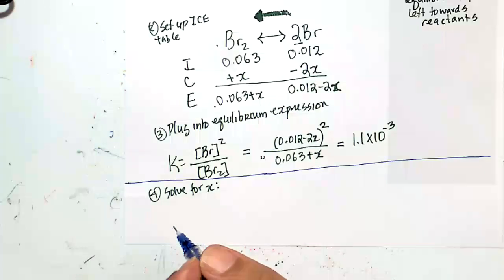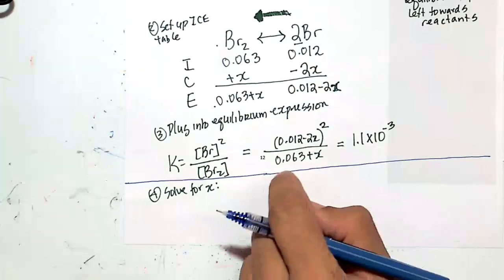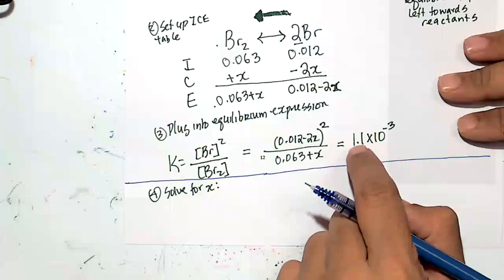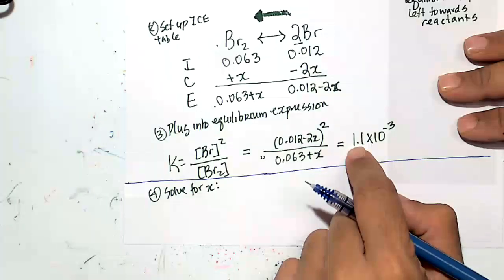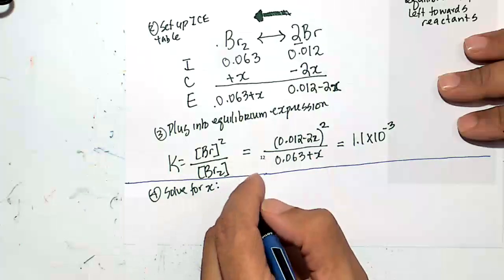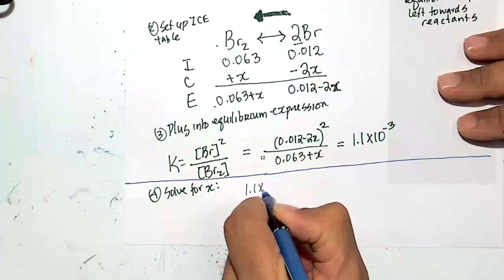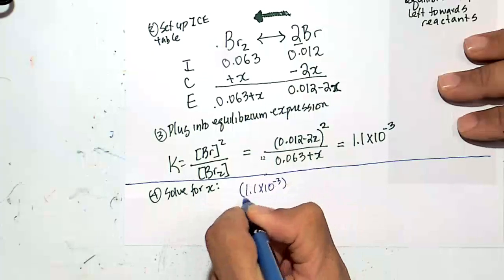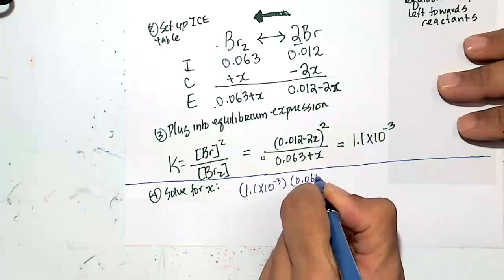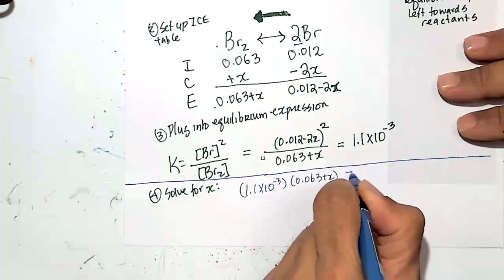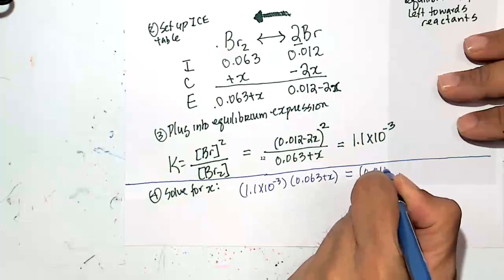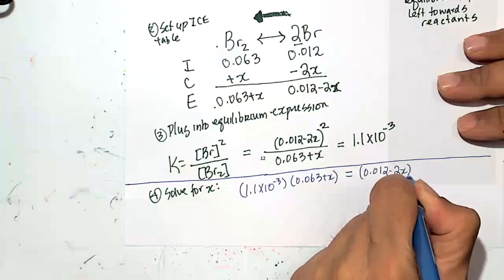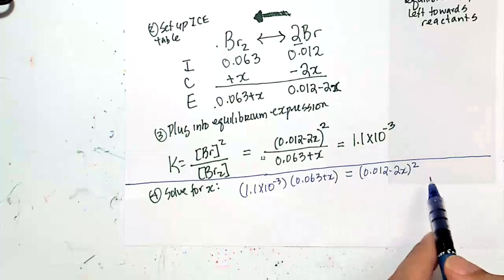So we're going to solve for x. First of all, we're going to take this 1.1 times 10 to the minus 3 multiplied by 0.063 plus x. So this math is not on the exam. This is going to equal 0.012 minus 2x whole squared.